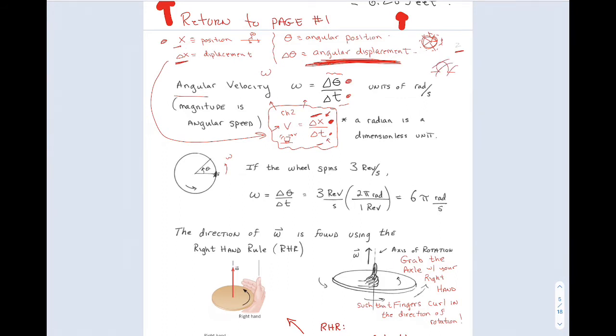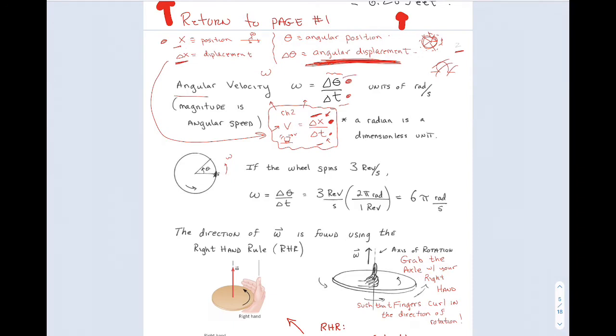This is a small omega. So your angular velocity is the time rate of change of your angular position. It's your angular displacement divided by the time. And just like in chapter 2, since velocity is a vector, we'll see that angular velocity is also a vector. The magnitude would be called the angular speed.